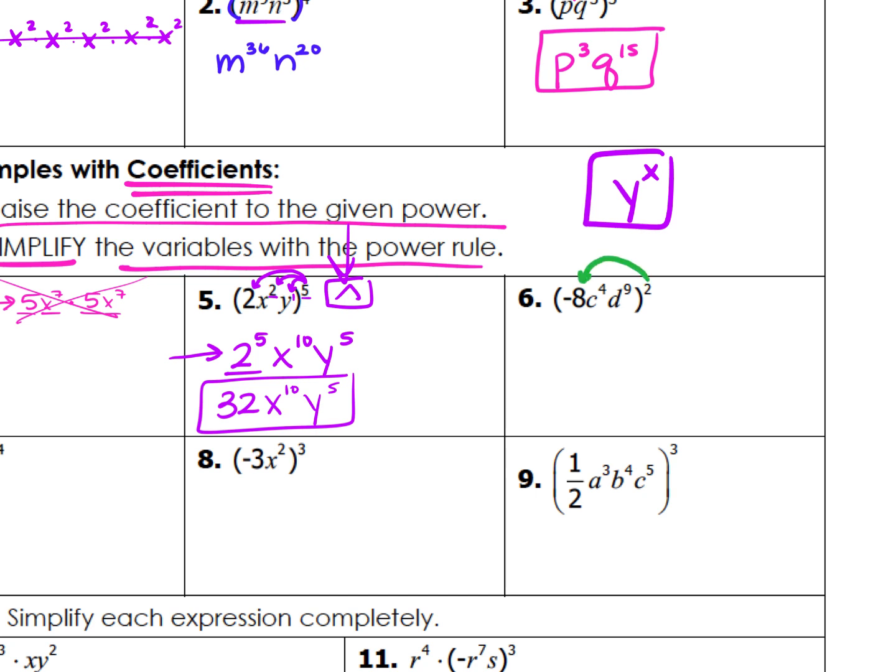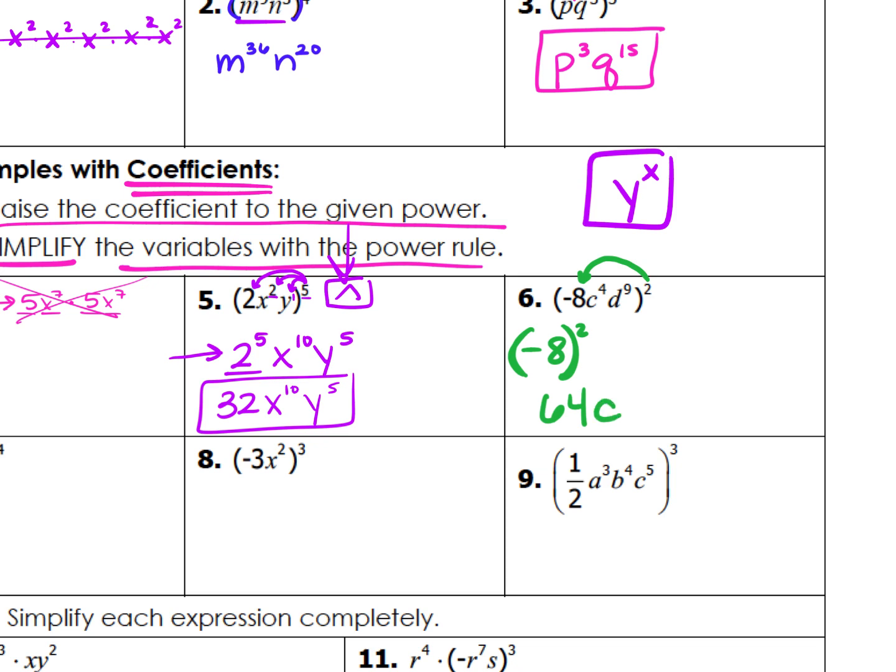If you plug this into your calculator, it's going to lie to you, but it doesn't think it's lying to you. It thinks you're saying, what's the opposite of 8 squared? That's not what we're trying to do. We're trying to say, what's the opposite of 8, squared? Do you hear the difference in that? So put parentheses around the -8 and then square it. What do you get? A positive 64. So just be careful with that.